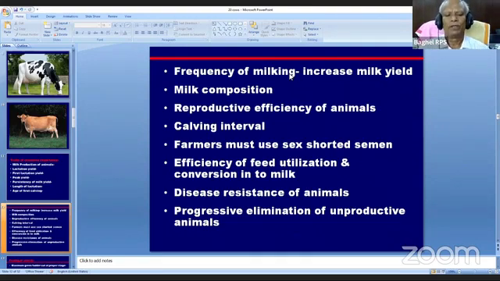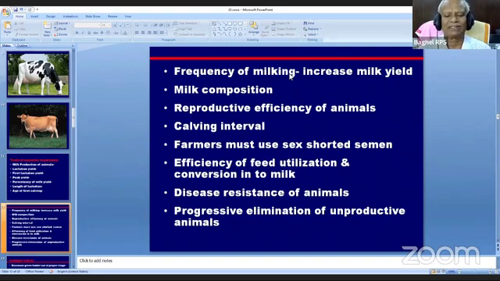Dear friends, nowadays we realize that in the case of cows, male calves are really a problem, because their use in agriculture has been minimized. And now the question comes, where should these males go? So for economical dairy farming, it is best that our farmers use sex-sorted semen.